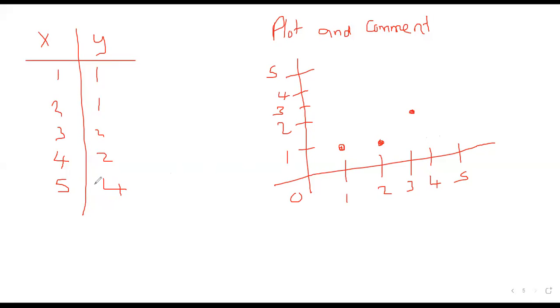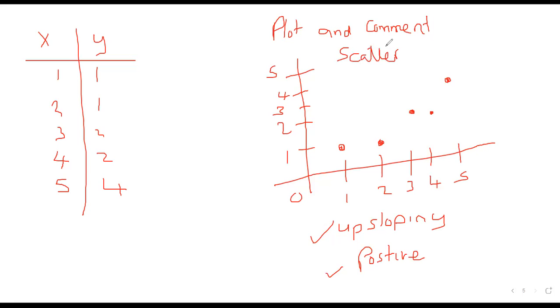And 4, 2, and 5, 4. So you can see this is a what? What comment do we have? It's upsloping, and it's positive. And here, this is what we call a scatter diagram. So you get your 5 marks for this.